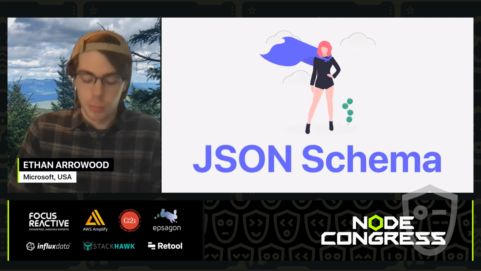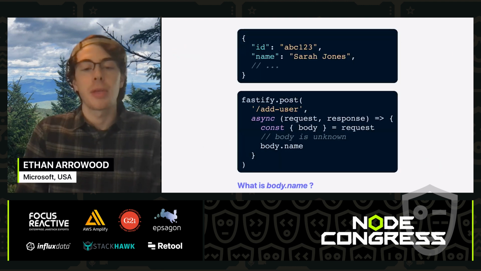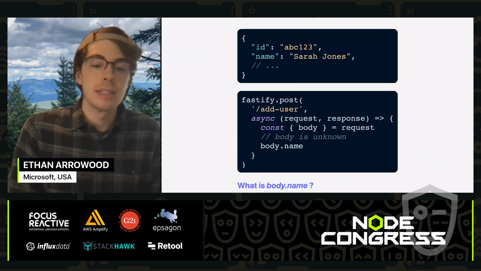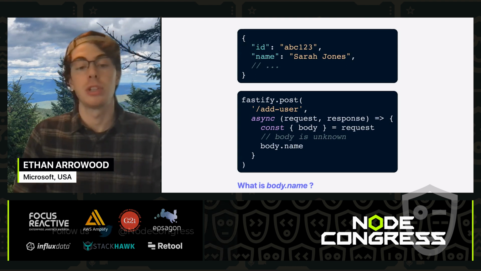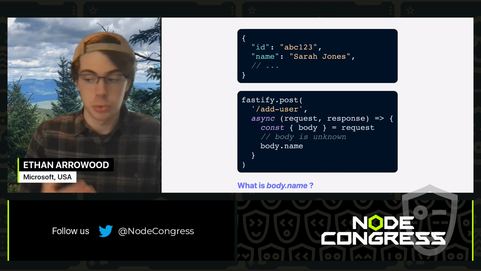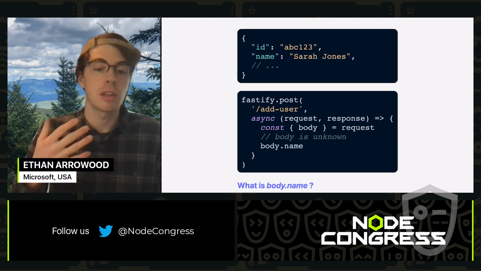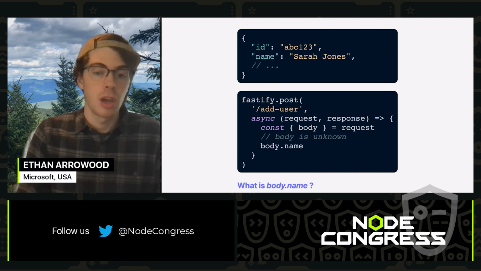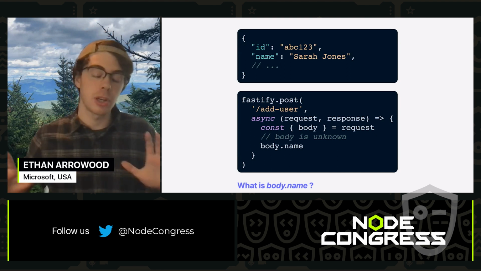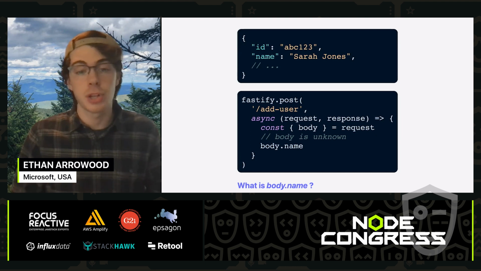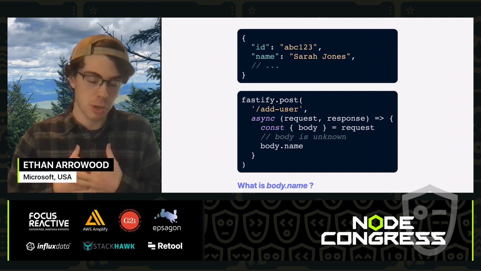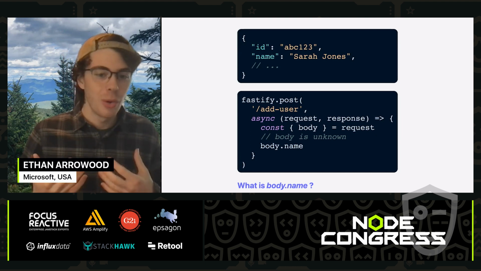Why is that? Well, it's because the body property is coming from that request object. Because it's unknown, no other types can be derived from it safely in TypeScript. TypeScript goes, no, stop here. I don't want you to keep going and using properties on this object, because as the TypeScript compiler, I don't know what it is.